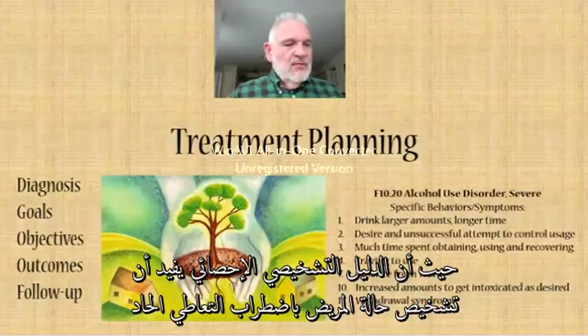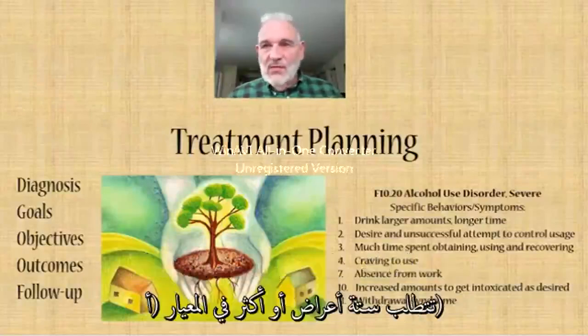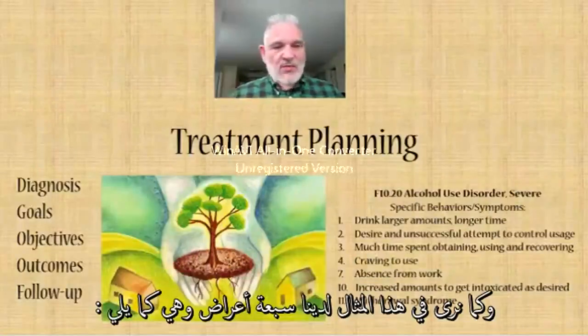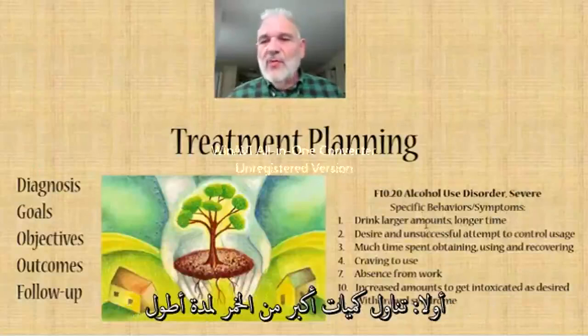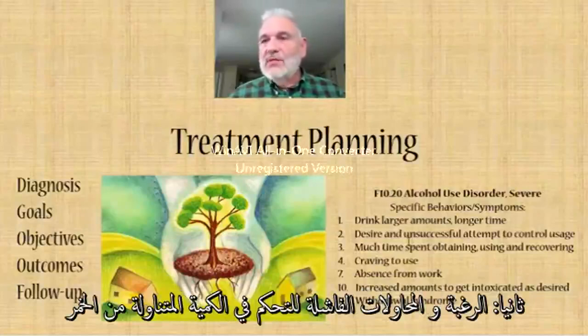The DSM states that for the specifier of severity, this client would need 6 or more symptoms in criterion A. In this case, we have 7 symptoms, as you see over here. Requires larger amounts of alcohol for it to have a similar effect over a long period of time. Desire and unsuccessful attempts to control usage.